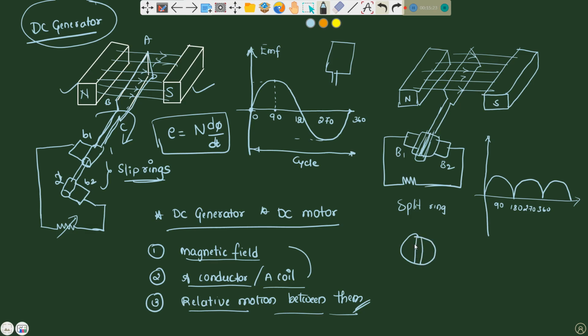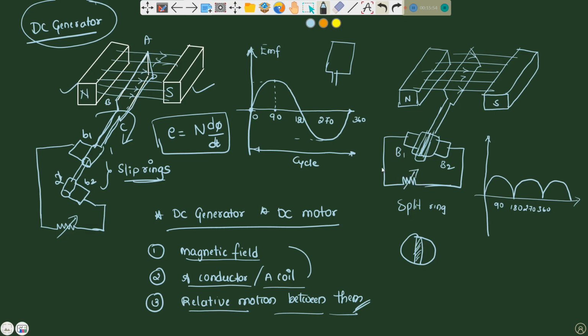These two halves are insulated with mica, the insulating material used in split rings, in a thin sheet. Coil ends are joined to these segments, on which rest carbon brushes B1 and B2. From here they will collect the current.